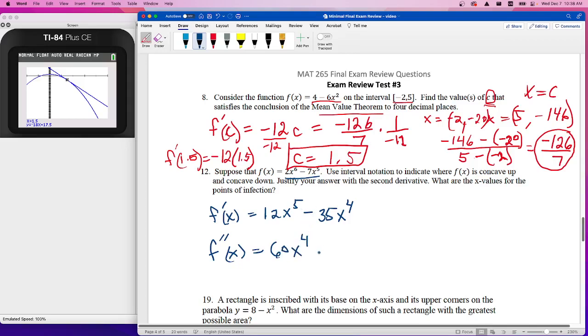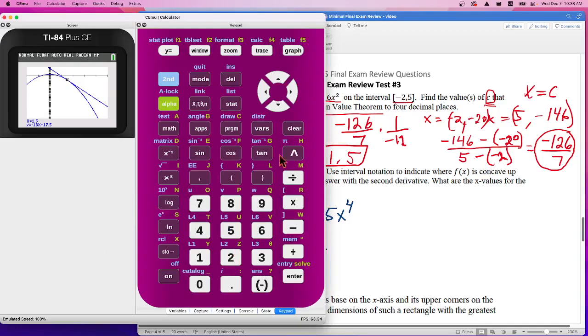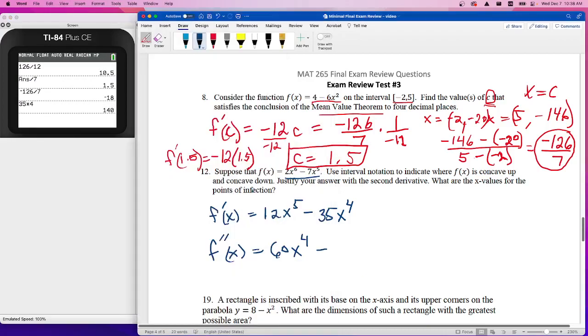Remember, subtracting 1. 4 times 35, I'm going to try to do multiplication in my head, is 140. And then that's x to the third. So that's our second derivative.